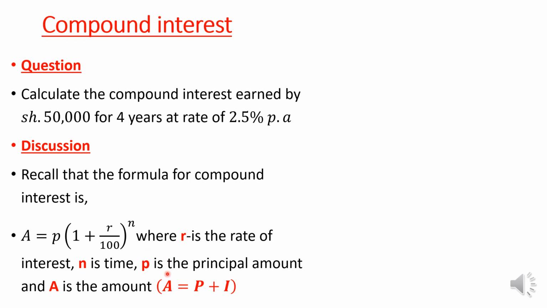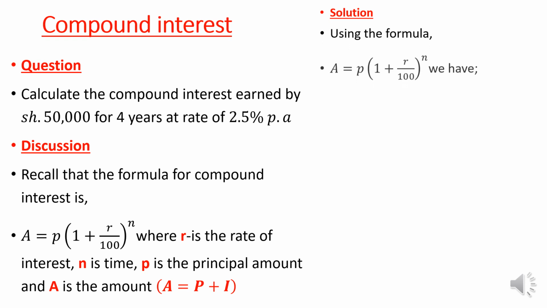Once we know this part of the discussion, now we can proceed to working out that question. Again, we can recall that particular formula where we have already said that amount is equal to principal into bracket 1 plus r over 100, then raised to n, where n is the number of years that money is invested.